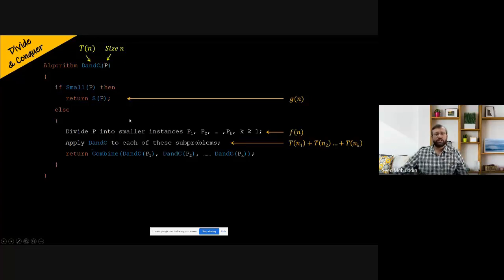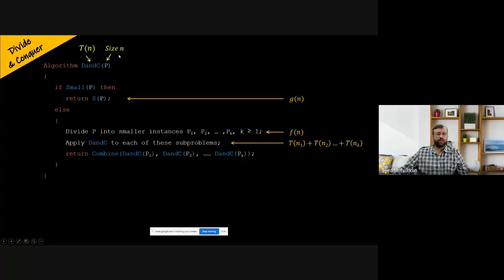When you are recursively calling it, suppose subproblem P1 has size n1, P2 has size n2. You can see P is of size n, and recursively P1 is called, where n1 is the size of subproblem P1.